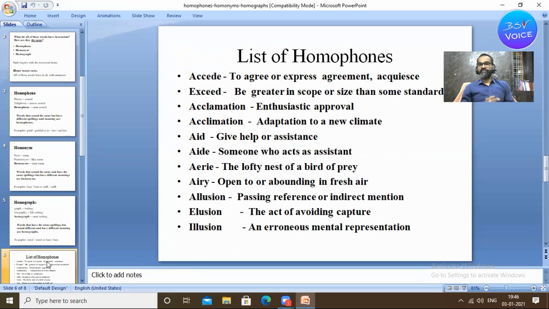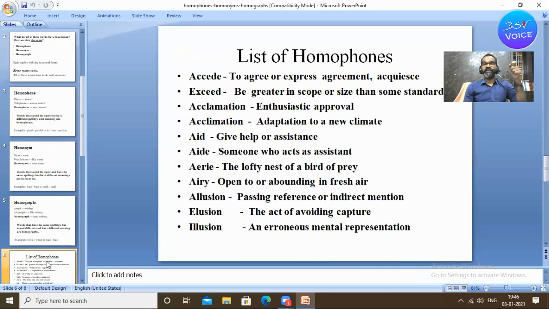And aide, with an e added, is someone who acts as an assistant. Then eyrie, spelled A-E-R-I-E: the lofty nest of a bird of prey.